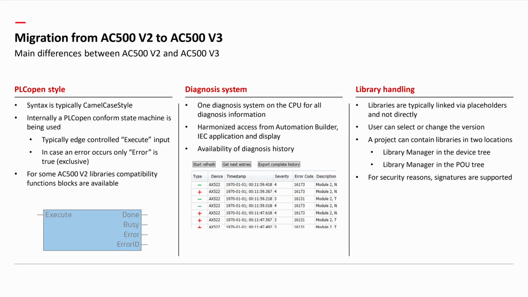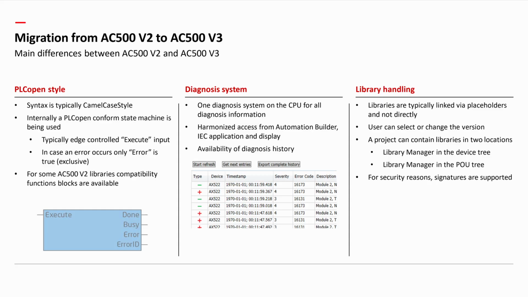This syntax has now changed because we try to stay in line with other companies. So we follow the PLCopen style, which is camel case: all together, and only the first character of each word written big, like shown here.